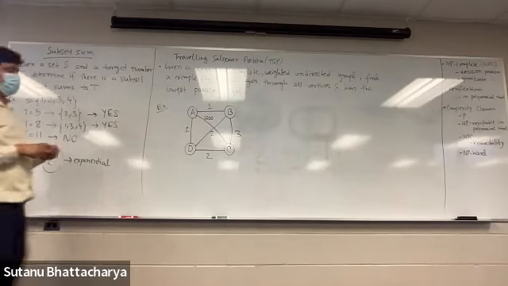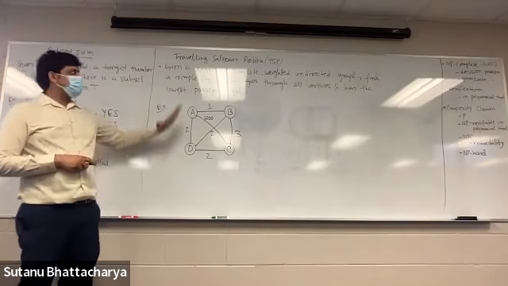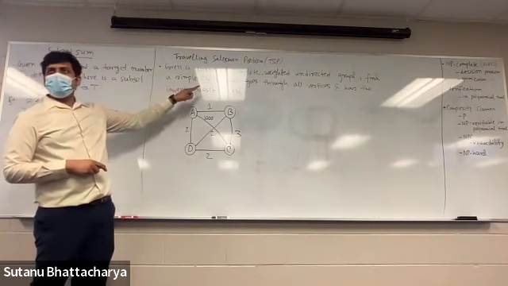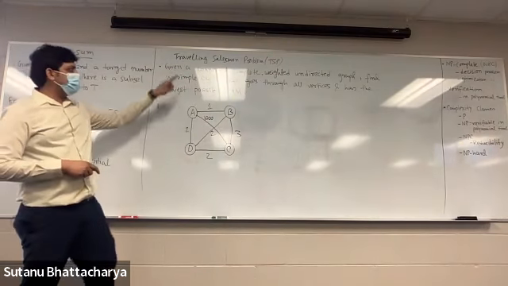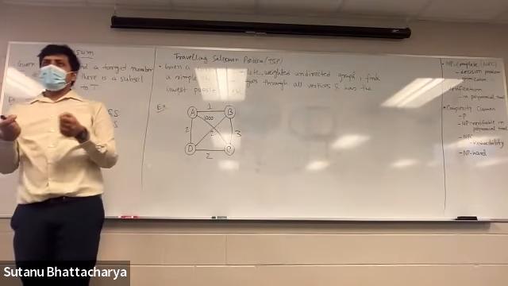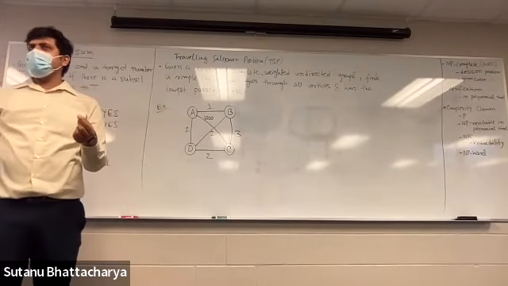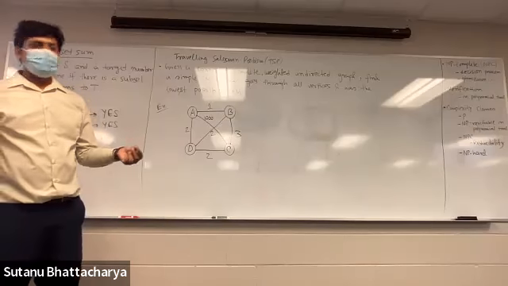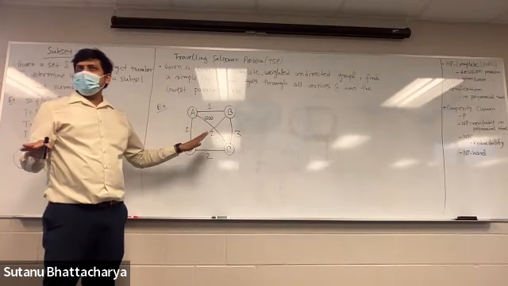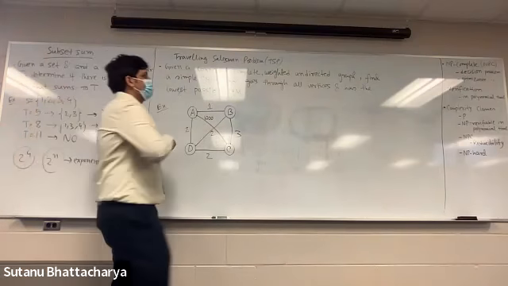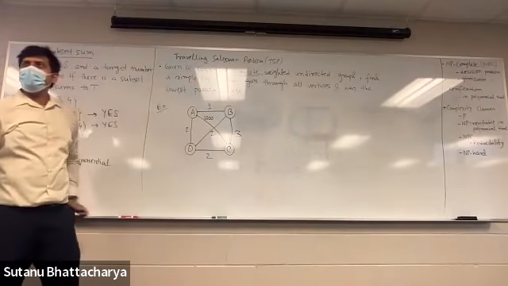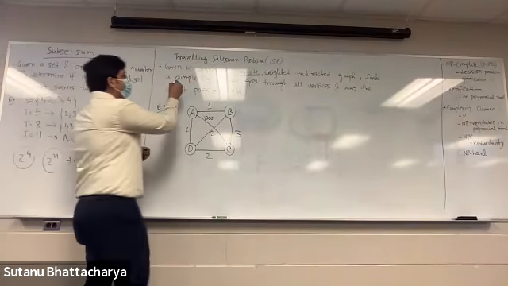This graph is given. Again, this is the traveling salesman problem. What kind of graph? It is a connected complete graph. Complete means there will be an edge between every pair of vertices. So it should be complete. Then your goal is to find a simple cycle.